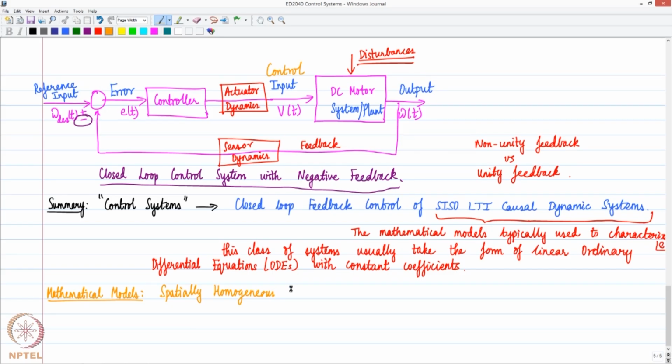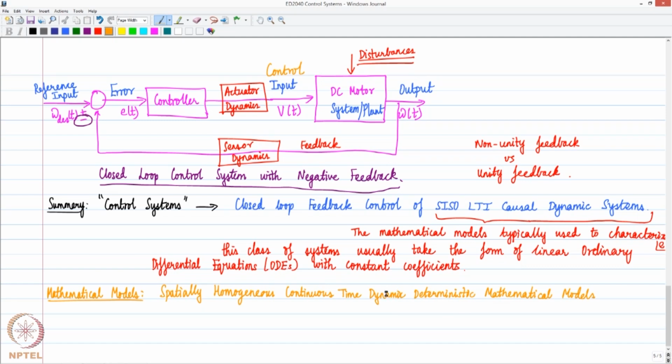So, spatially homogeneous, we are going to have continuous time, dynamic, deterministic mathematical models. That is the class of models we are going to use. Continuous time means we treat time as a continuous variable. From a pragmatic perspective, it just means that we are going to get ODEs, ordinary differential equations. Dynamic means we are going to have derivatives in the equations.